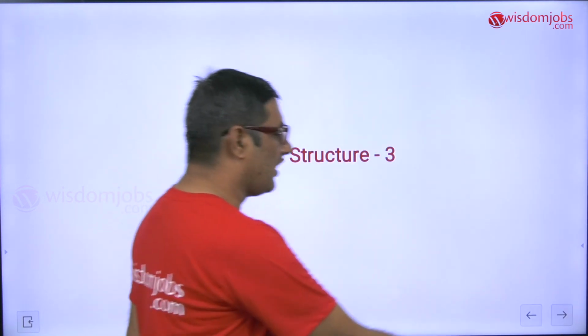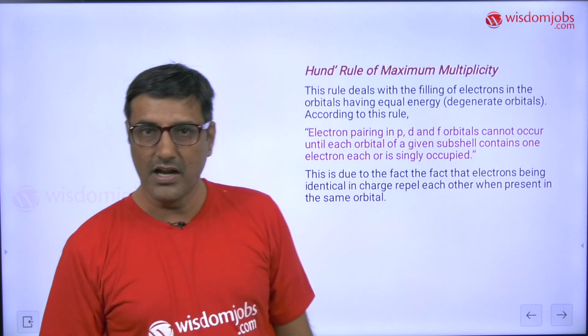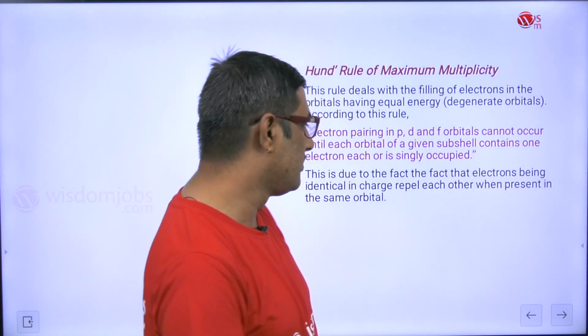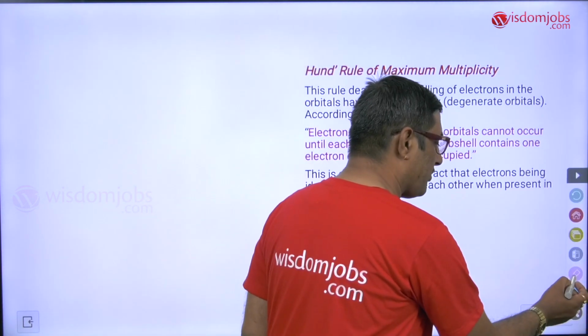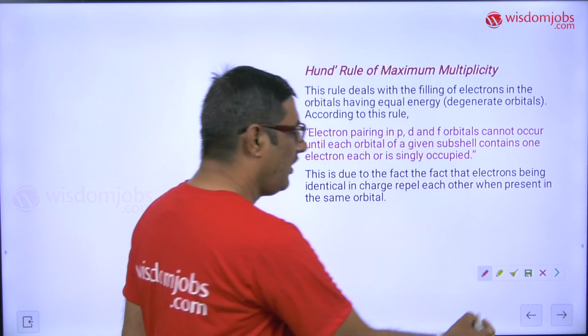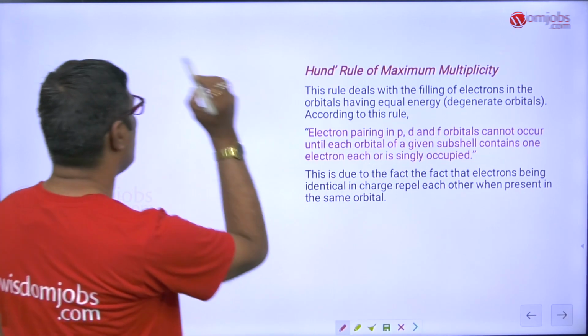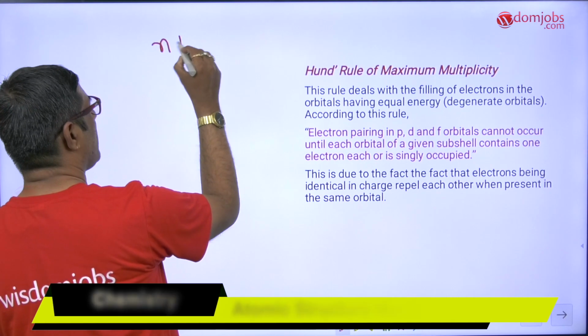Now in the previous videos I have explained two different rules, that is Pauli's exclusion principle and, if you remember, Aufbau's rule, which is the N plus L rule.